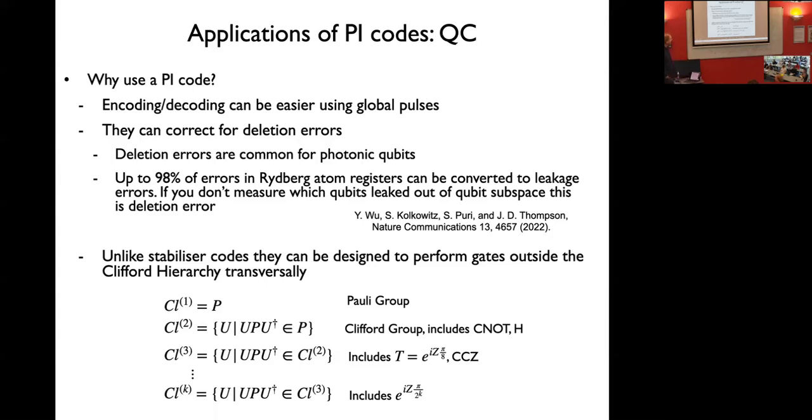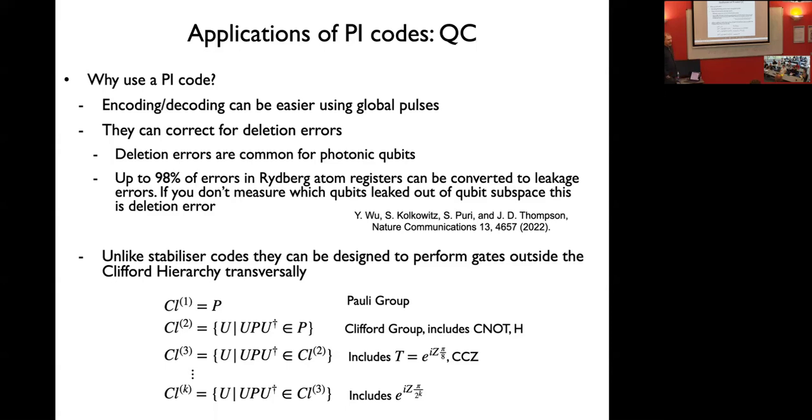So for example, in the Rydberg atom registers, it's been estimated that you can convert up to 98% of errors to leakage errors. This is basically because one of the dominant sources of errors is spontaneous emission from excited states, and these can go to subspaces orthogonal to your qubit subspace.